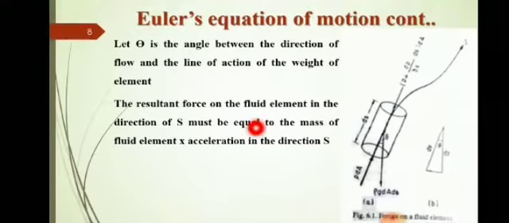Now the resultant force on the fluid element in the direction s must be equal to the mass of the fluid element into its acceleration in the direction s. According to Newton's second law of motion, the resultant force on the fluid element should be equal to the mass of the fluid element multiplied by the acceleration in the direction s.